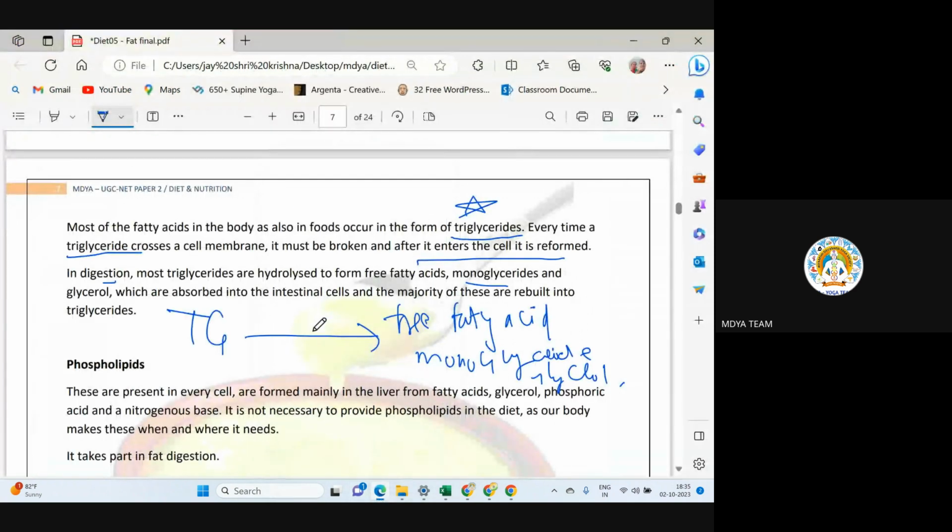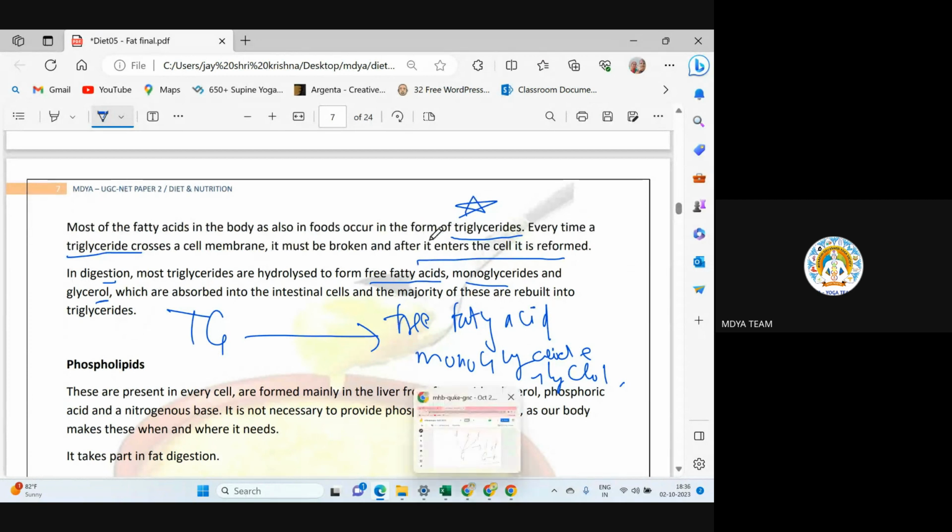Whenever there is digestion of fat, it can be digested into free fatty acids, monoglyceride, or glycerol. All these are absorbed into the intestinal cell, and again they are rebuilt into triglyceride.